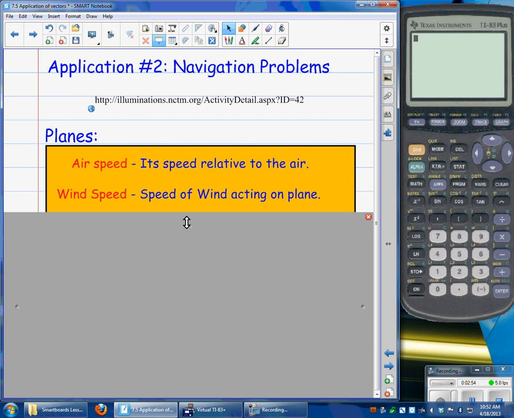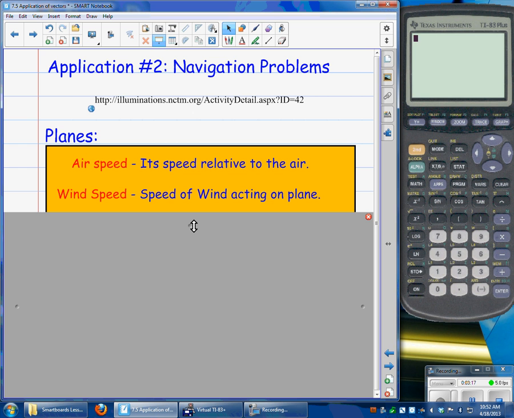The other vector that's going to act on the plane is the wind. The wind will force these planes off course, and depending on the magnitude and direction of the wind, that can affect the path the plane needs to fly to get to its destination. If it's behind you, it's going to speed up your flight. If it's into you, it's going to slow you down, and you have to apply more force from the jets.